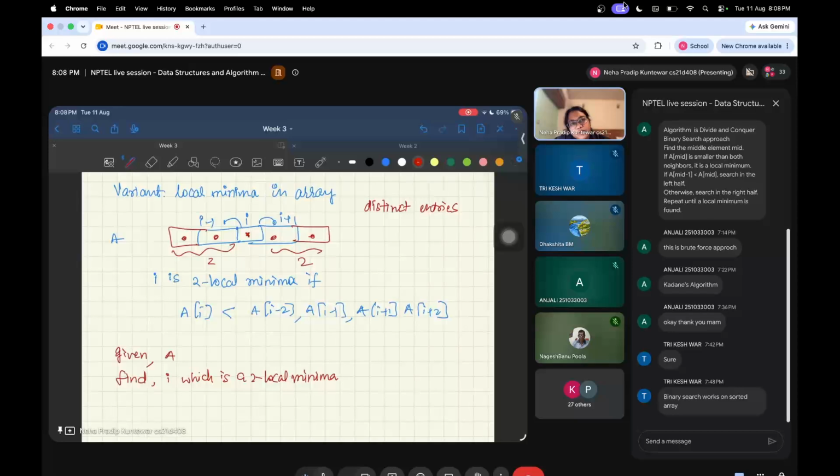So can you think of some modifications of the algorithm you saw for 1D? I mean, just finding the local minimum, the binary search thing.